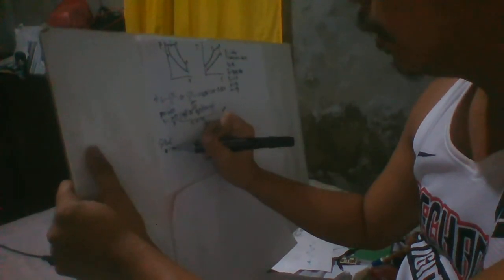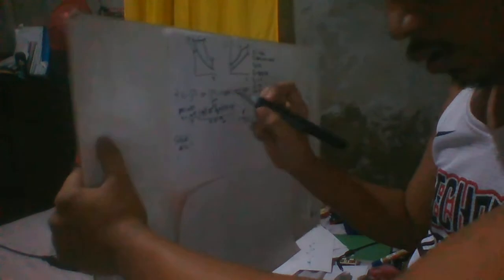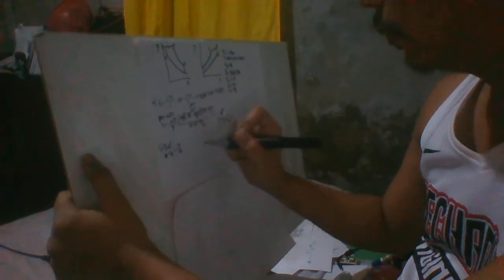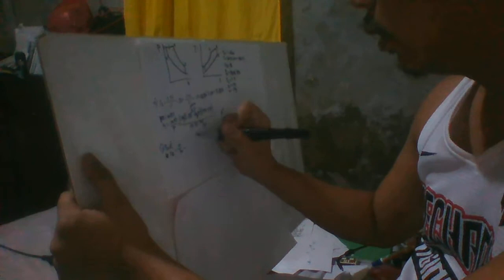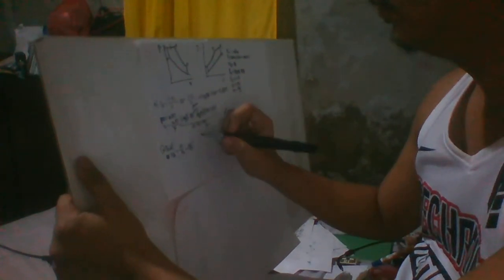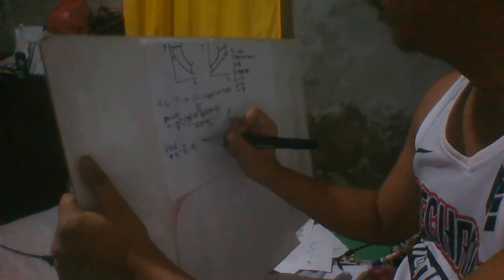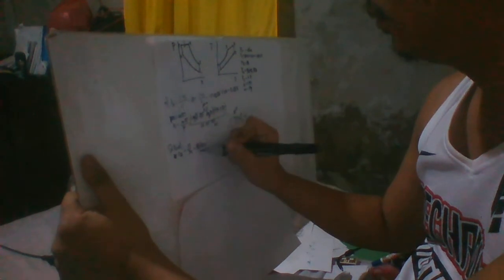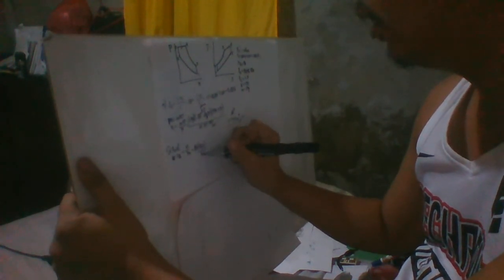As we know, compression ratio is equal to V1 over V2, so V2 is equal to V1 over the compression ratio, 0.944 divided by 18.